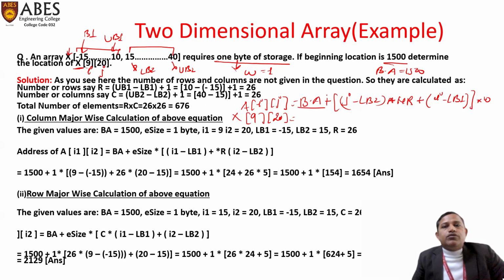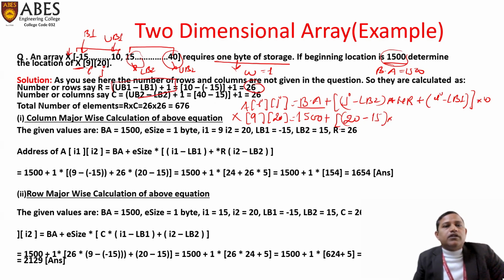So put the values from the given question: base address 1500, plus j is 20 minus lower bound 2, that is 15, multiplied by the number of rows. You have to find the total number of rows, that is upper bound 1 minus lower bound 1 plus 1, that is 26.